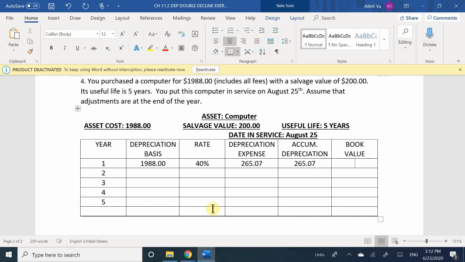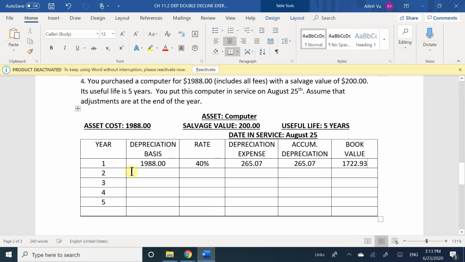For the book value, it's cost minus accumulated depreciation, which is 1722.93. That's what I got. Okay, good. We recognize that we can't take 700 yet because the asset's only 4 months old. You can't be depreciating the whole thing.